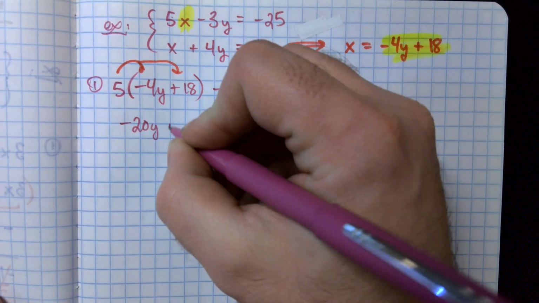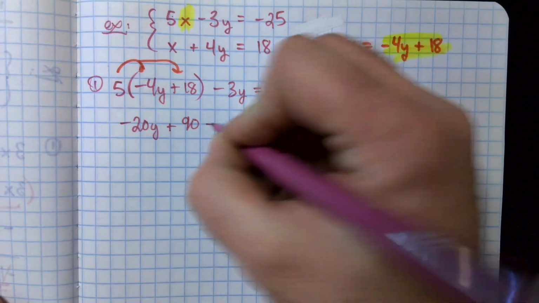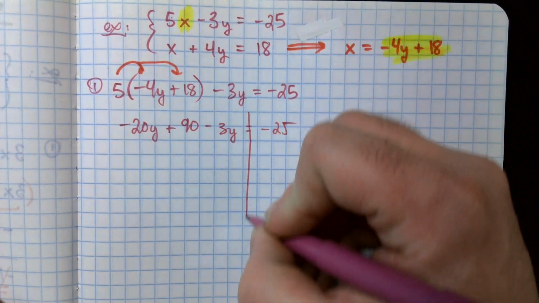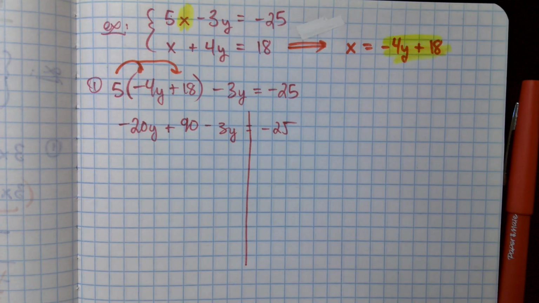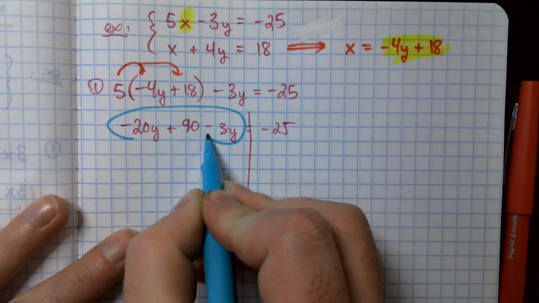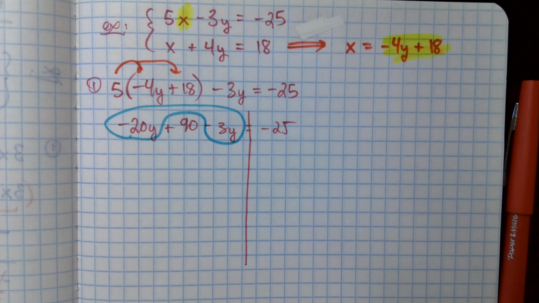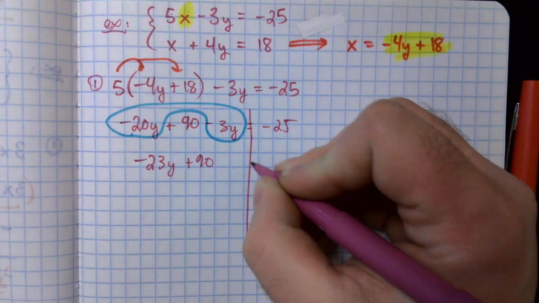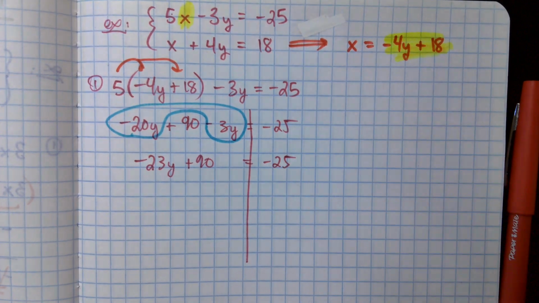I got negative 20y plus 90 minus 3y equals negative 25. What like terms can I combine here? Negative 20y minus 3y gives me negative 23y plus 90 equals negative 25. What do I do now?